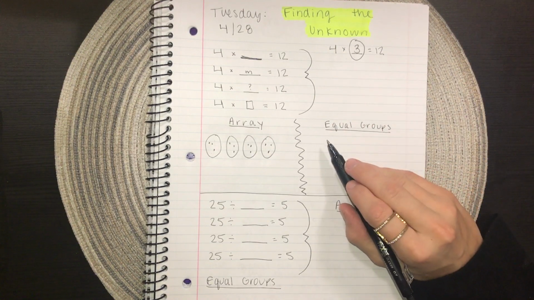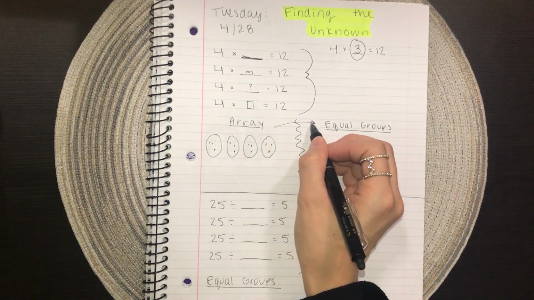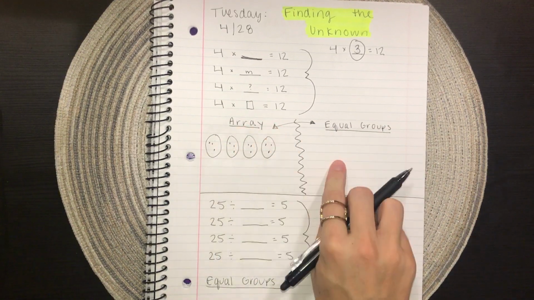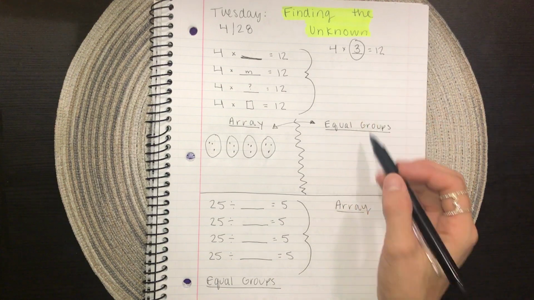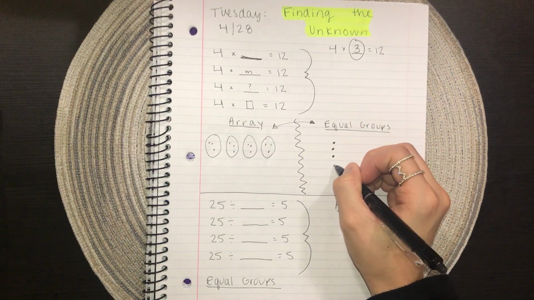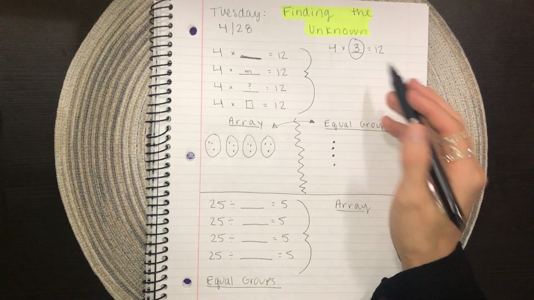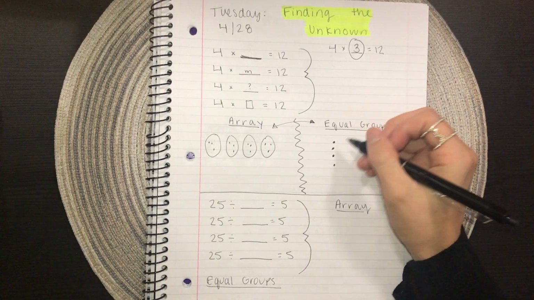Oh wait, I did this opposite. So I did the equal groups in the array section, and now I'll do the array over here. So 4 times 3 equals 12. So say we have those 4 rows of an array, and we have 12 total cookies, baseball bats, or anything.